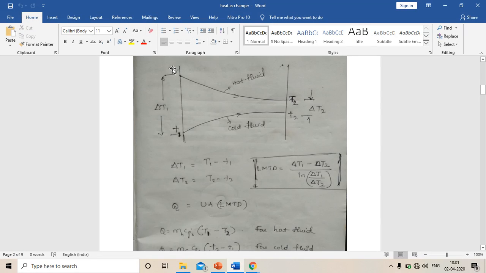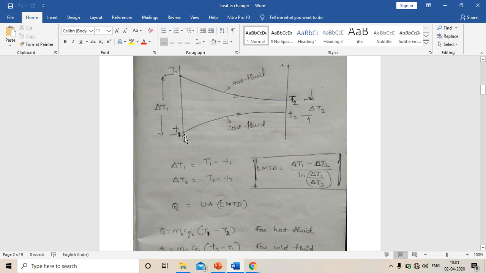You can say capital T1 is hot fluid entry, and this is capital T2, hot fluid exit. And from the left hand side itself, small t1 is cold fluid entry, and small t2 is cold fluid exit.